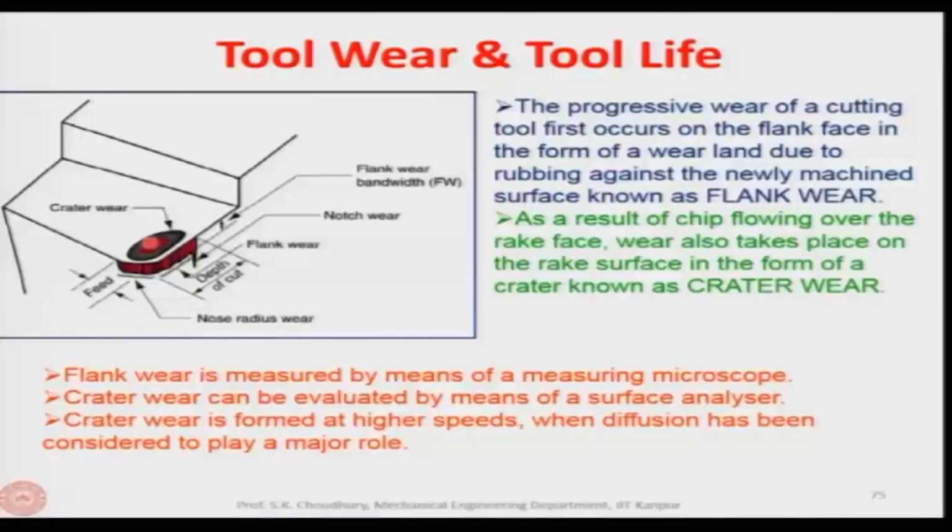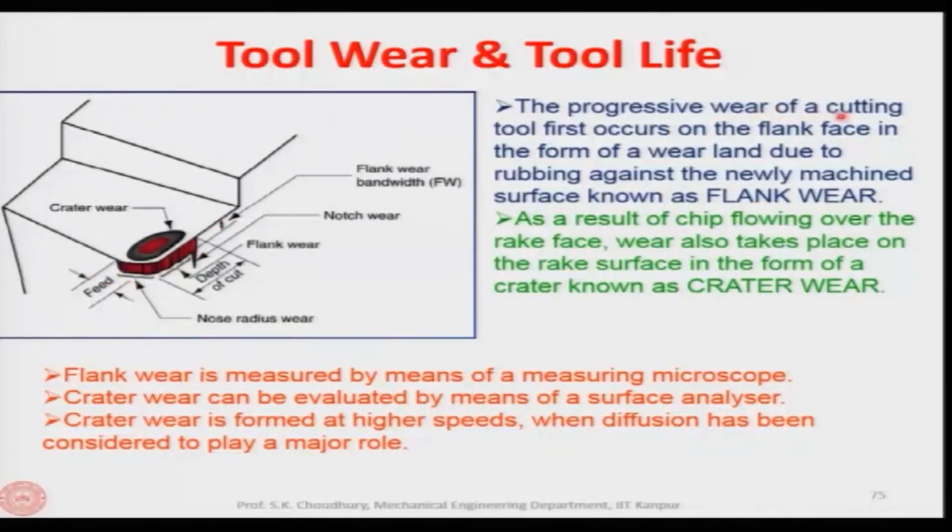Now, how does the tool wear out? As I said, chips are moving continuously over the rake face of the tool, so there is wear at the rake face, and the flank face is in continuous touch with the already machined surface, so there is wear there too.